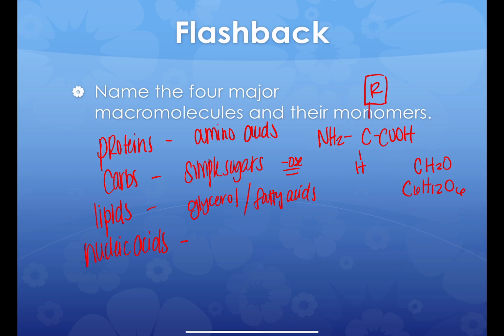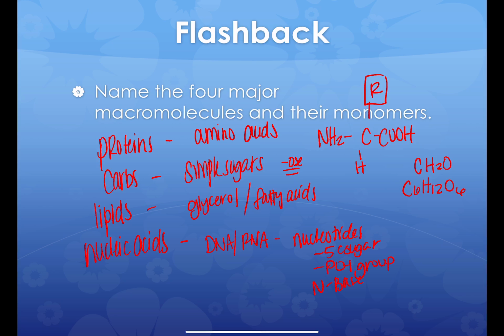And then the last is a nucleic acid. So nucleic acids, an example would be like DNA and RNA. And so they are made up of monomers called nucleotides, which have three parts: the 5-carbon sugar, the phosphate group, and the nitrogen base. Okay, so remember your 5-carbon sugar, that's going to be deoxyribose in DNA, ribose in RNA.